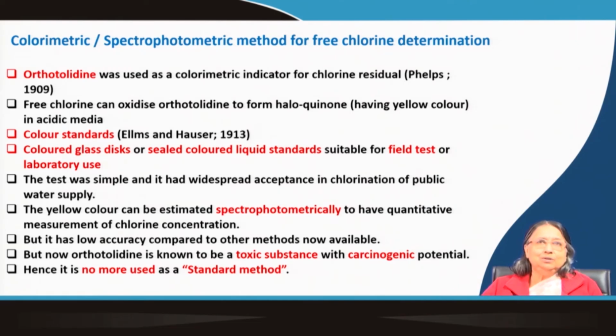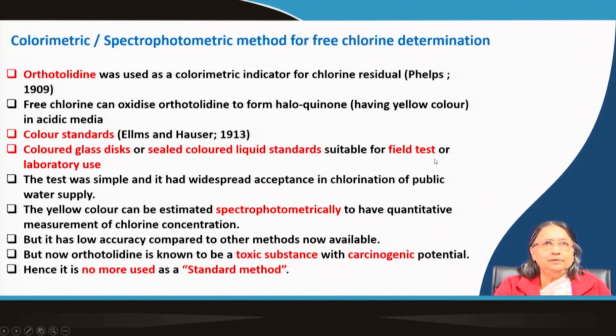For your sample you do the same thing and compare the color. Sometimes a disc is also used, a colored disc in a fluoroscope. You put your prepared solution there, it gives some color, you match it with the discs, and then you know the concentration.